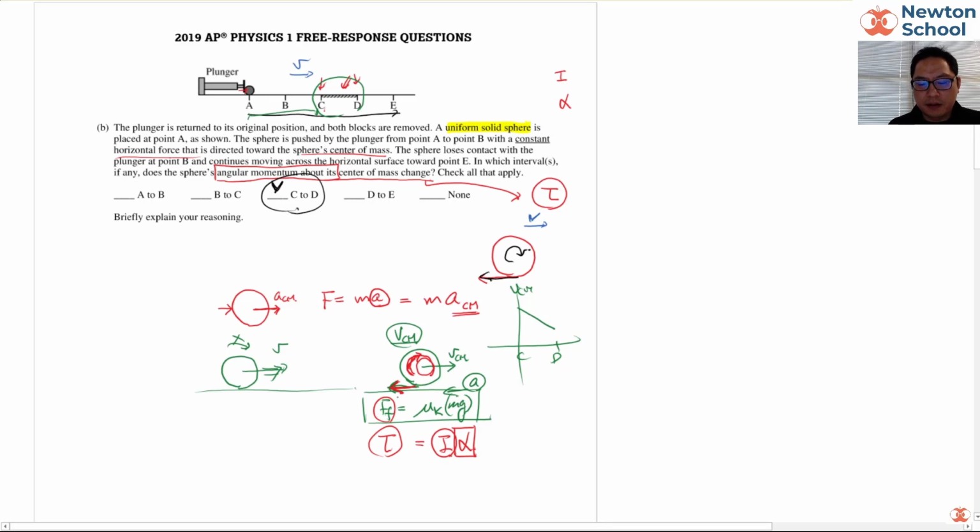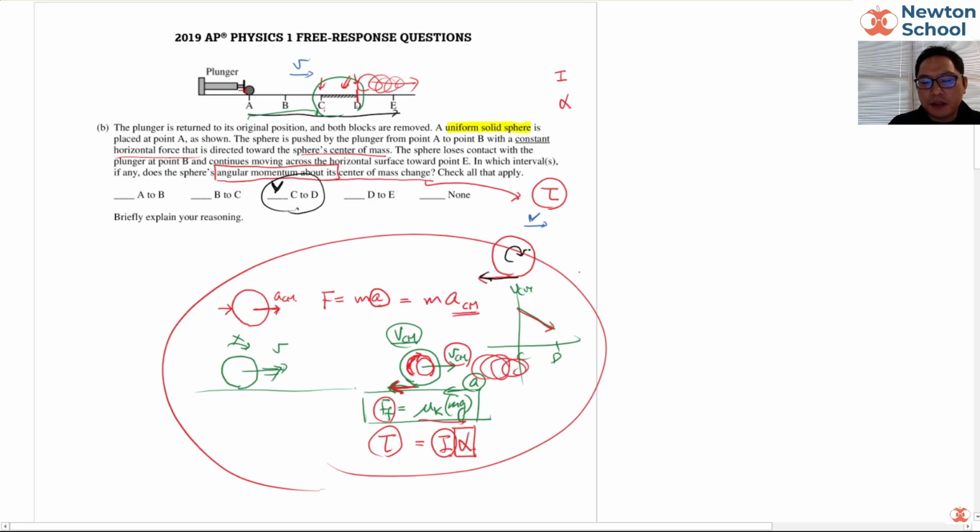Anyway, once you reach D, what happened is VCM is decreasing, but the rolling speed is increasing until you reach D. Then it's going to roll with the same speed. Okay, so that's what really happens. Usually this question comes in physics C, but here I think they just give you an intro question on this concept. Okay.